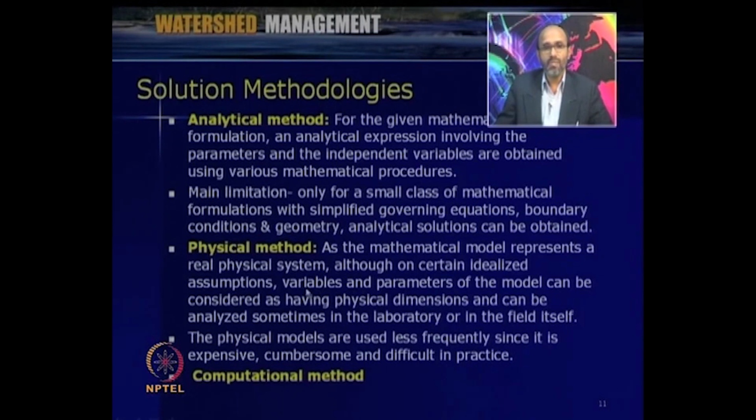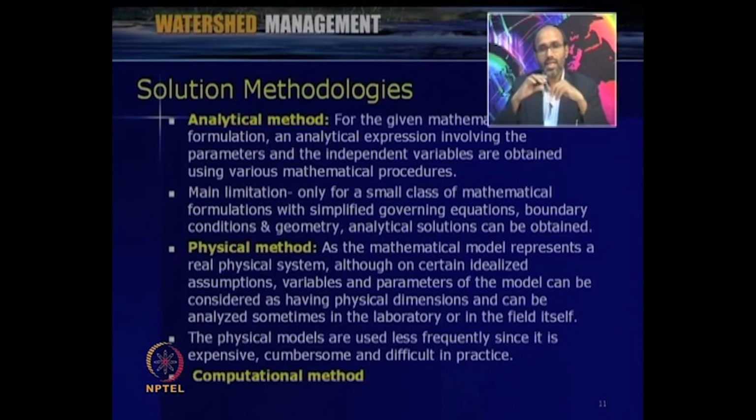So, this is possible, but when we consider the complexities of a watershed, the watershed itself is so complex by considering various processes or various parameters. So, these physical models are used in a very limited way.